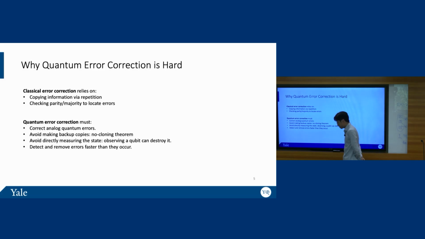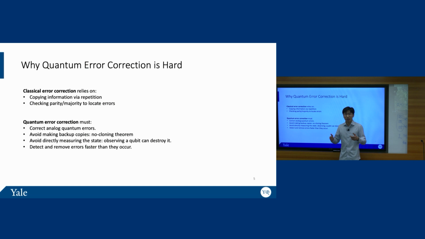We, of course, want to take inspiration from classical error correction. But the outlook might seem a little bleak at first. So here I list several reasons why we think quantum error correction is hard. Thanks to Steve, we learned about classical error correction and how effective it can be.